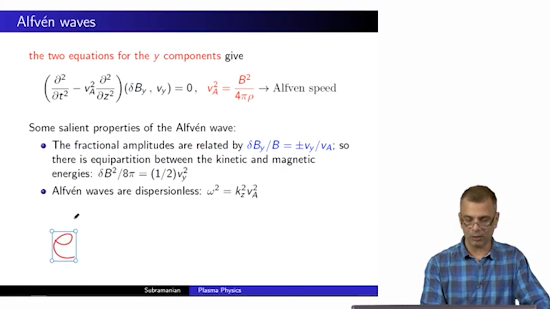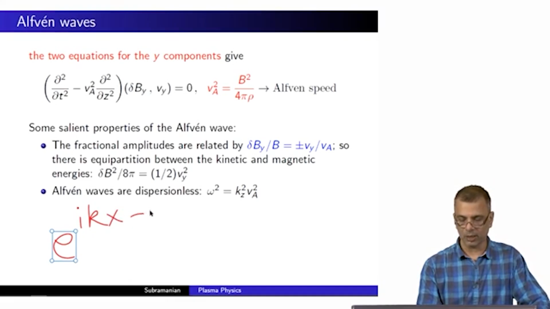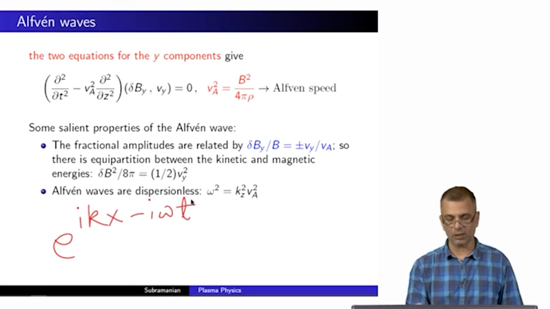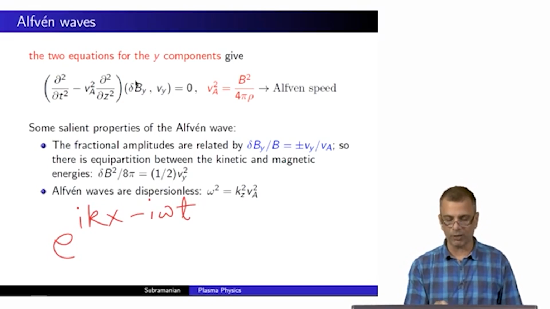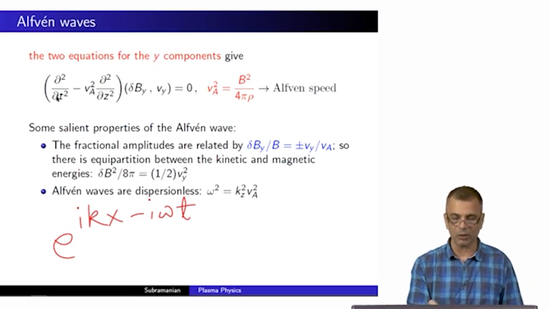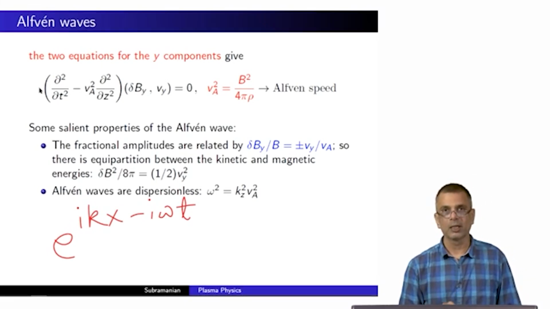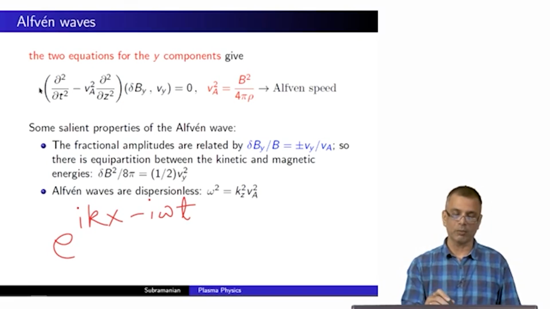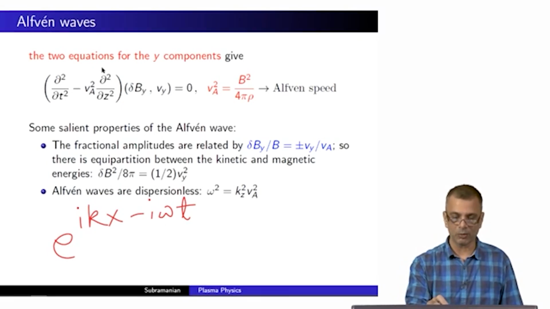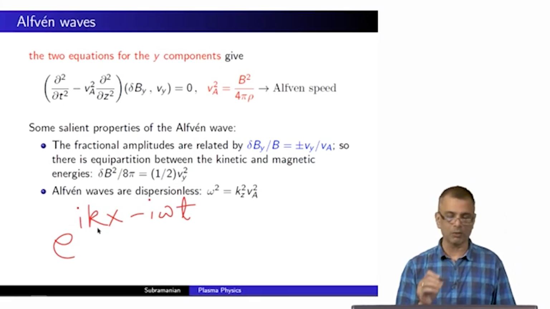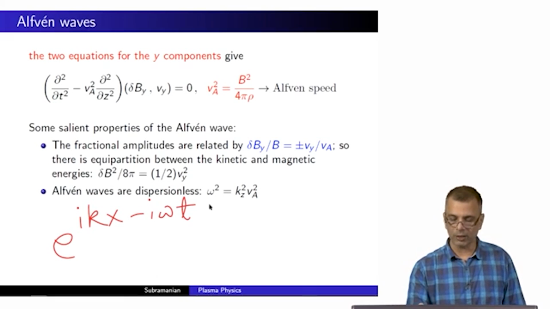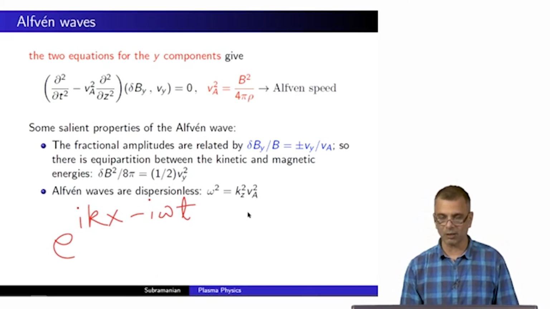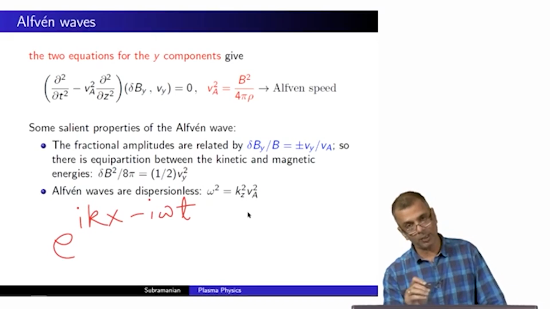If you assume e raised to i k x minus i omega t, this kind of dependence for the delta By as well as the Vy, what happens is this d square over dt square becomes minus omega square, and the d square over dz square becomes minus k square, and so just from this you can figure this out. Okay, this is the dispersion relation, and again, this is similar to the sound mode.